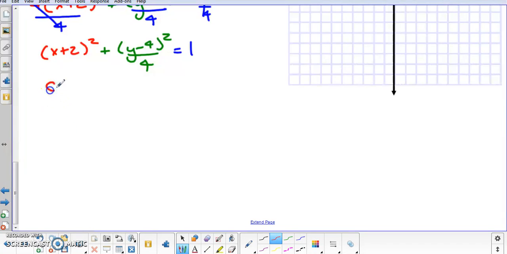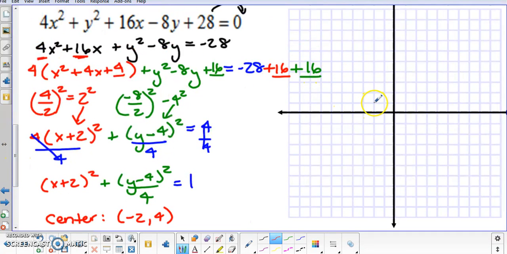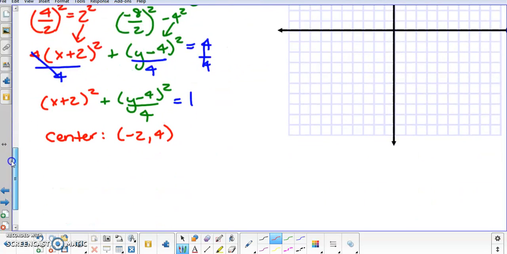So my center is located at -2, +4. So we're going to go to -2, +4, 1, 2, 3, 4. And then we're going to do our vertices. Remember, those are always the biggest numbers. So this one has an invisible 1 underneath it. This one's 4.